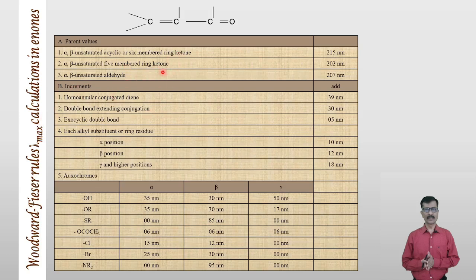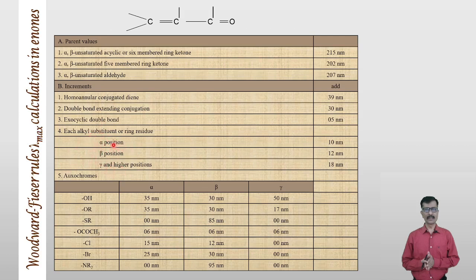In this structure, if there is alkyl group or ring residue at alpha position, first we have to designate alpha, beta, gamma and higher positions like this. This is alpha, beta, if additional carbon, gamma, if higher, delta, and likewise. So first designate alpha, beta, gamma, and then check what are the substituents on these various carbons.